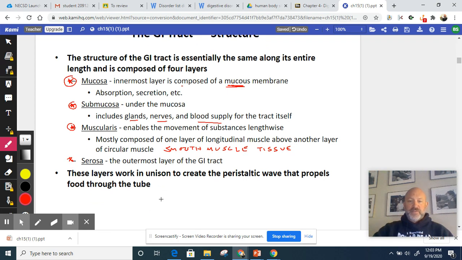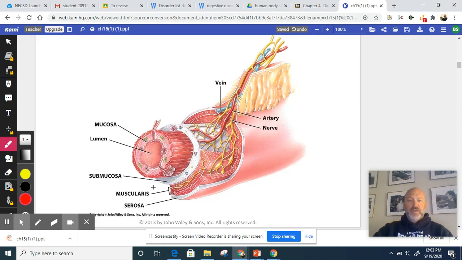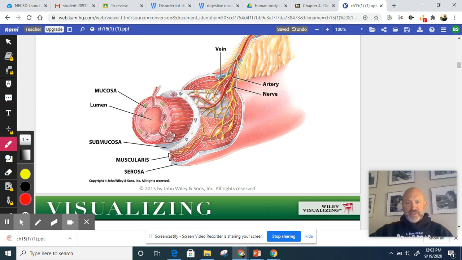Let's take a look at this. Yeah, here we go. Here's a nice cross section of the small intestines, and the layers are kind of separated as the inner layer is pulled out. So this is where food would be traveling, inside the lumen. Anytime we're talking about an opening of a tube, we refer to that as a lumen. So this is the lumen here. And this represents the mucosal layer, all of this.